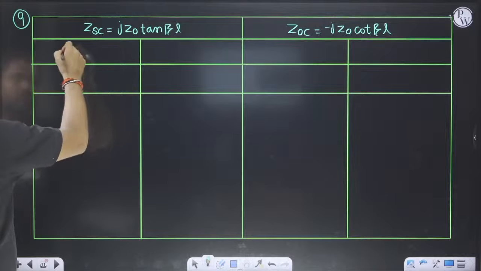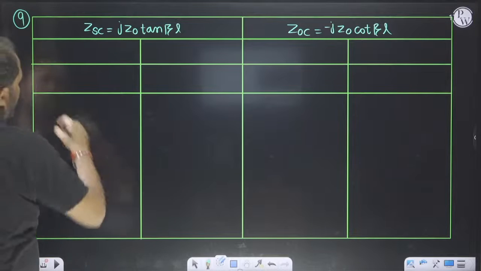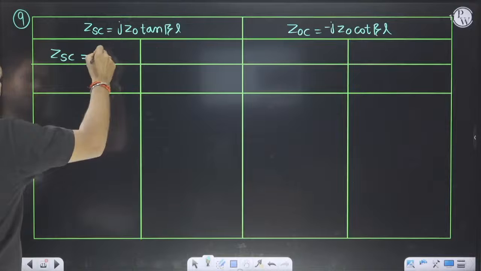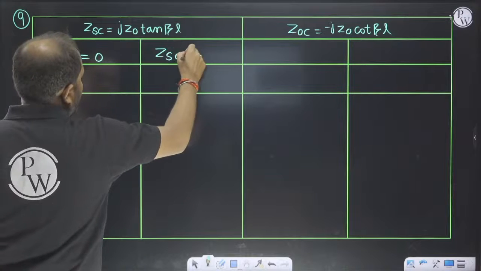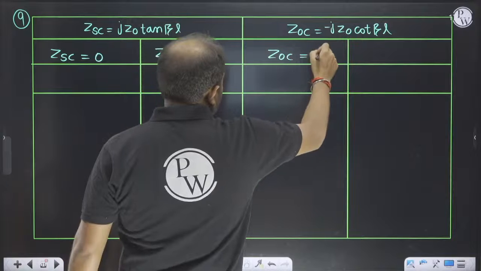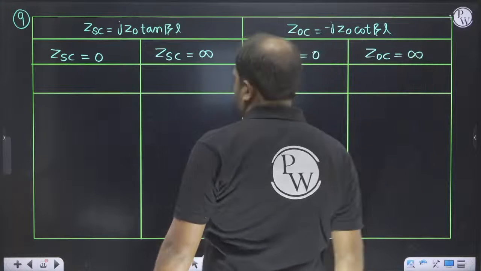Then we have series resonance. The short circuit input impedance value is 0 and infinite, and the open circuit input impedance is 0 and infinite.